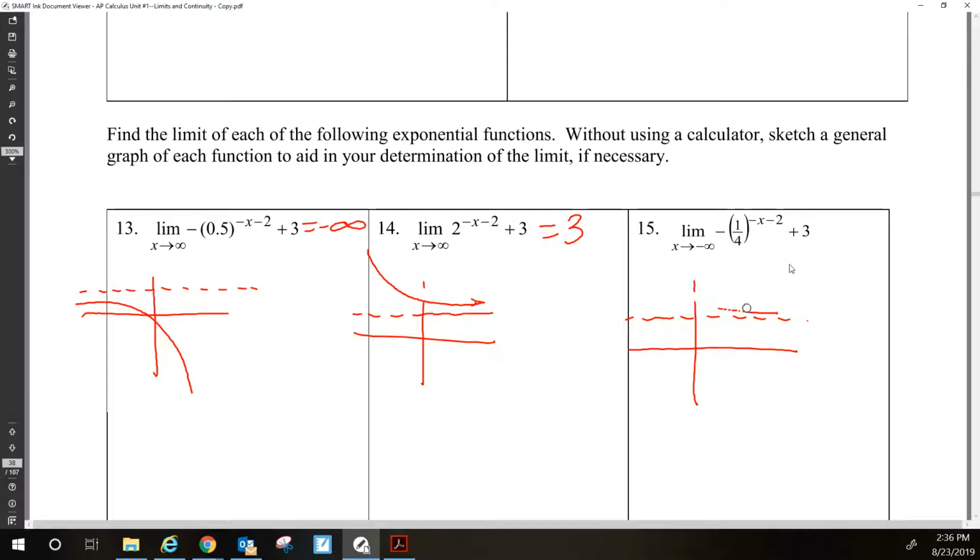Horizontal reflection is going to make it a decay. And then a vertical reflection will take this graph and flip it down across that asymptote. So as we go to negative infinity, we're coming up to that asymptote again, which is there at 3.